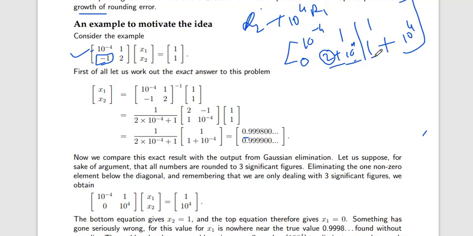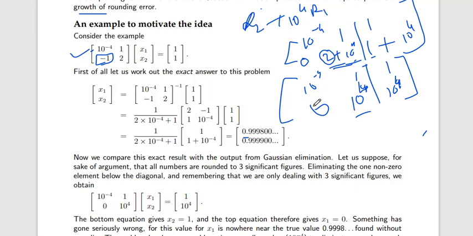So with the help of significant figures we approximate this as 10 raised to 4. We neglect 2 because it is small in comparison with 10 raised to 4. Here also we forget 1. So now we can solve these types of equations.